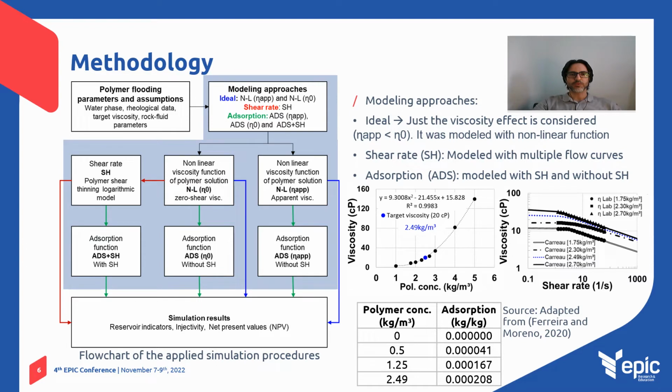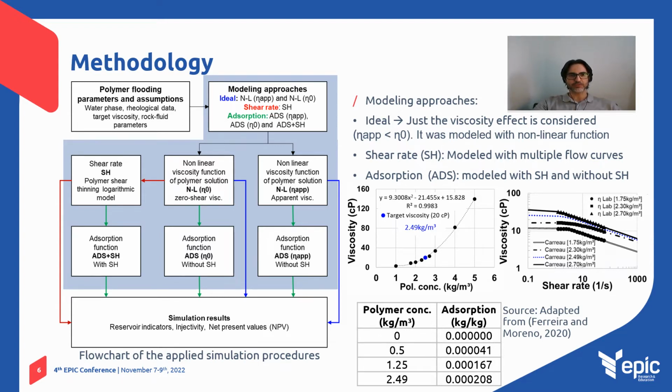Here we work with the modeling approach. The first one represents just the viscosity effect, called the ideal approach. So we work with a nonlinear viscosity function, considering the apparent viscosity and zero shear viscosity, in which the fluid behaves like a Newtonian fluid.